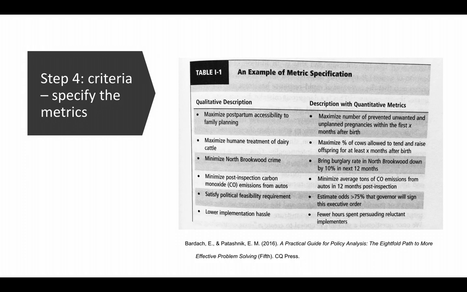Now, as I said, if possible, quantify it and then specify the metrics. Then some of you might argue, okay, this is my alternative, and the criteria I'm thinking about is really hard to quantify, even impossible. I can't think of anything that can be quantified. Then you probably can categorize them if they cannot be quantified.